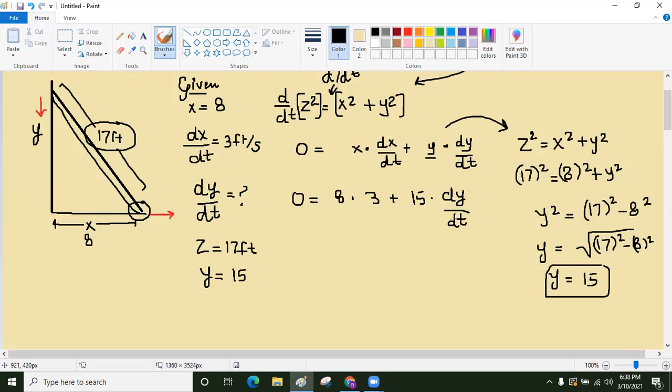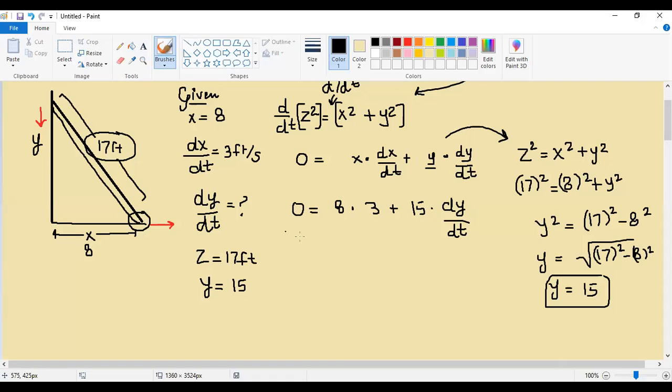So continuing with actually solving it, we would get 24 plus 15 dy over dt.